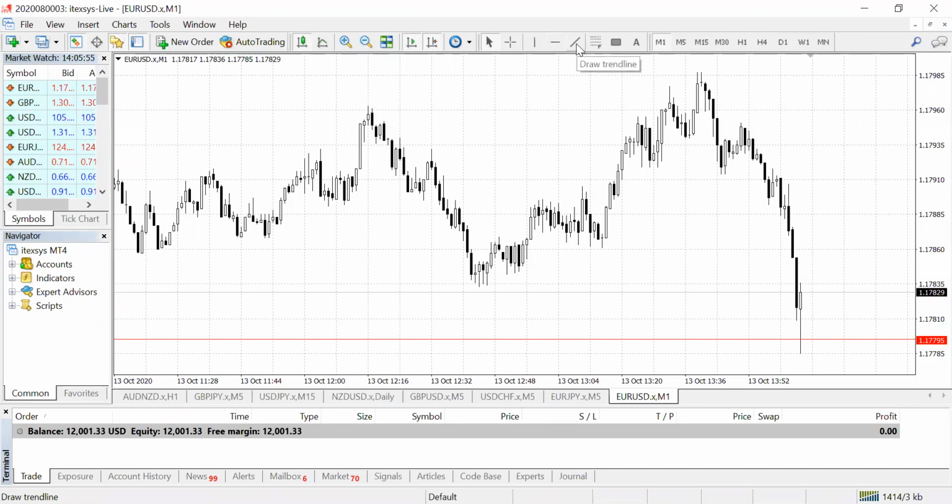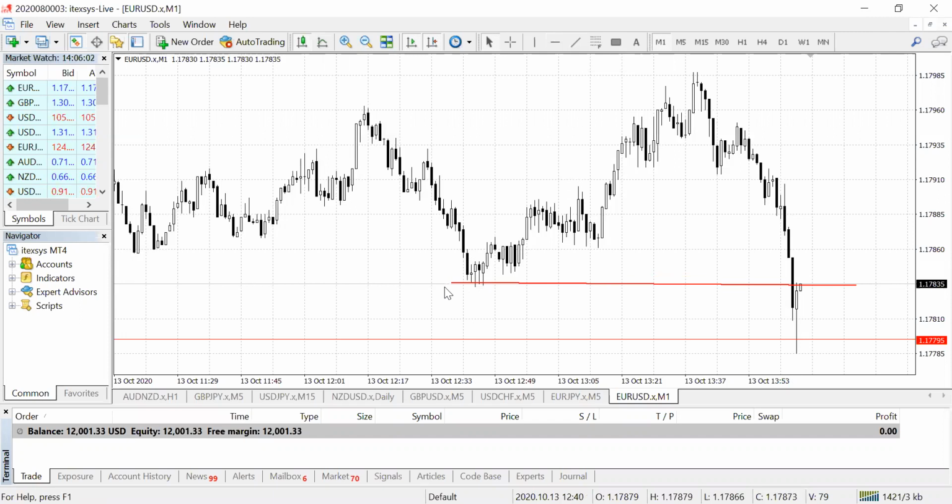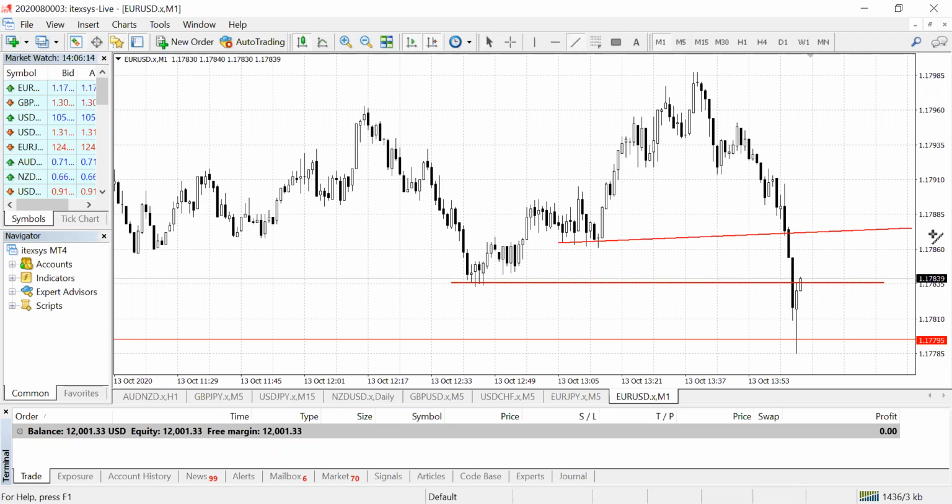Let's see what areas we can sell. So this is a resistance point. Okay, we could sell there. And we could sell this another resistance point.